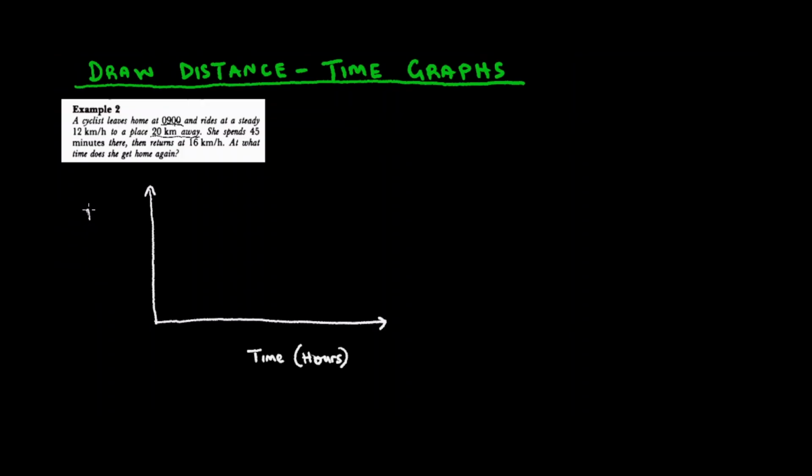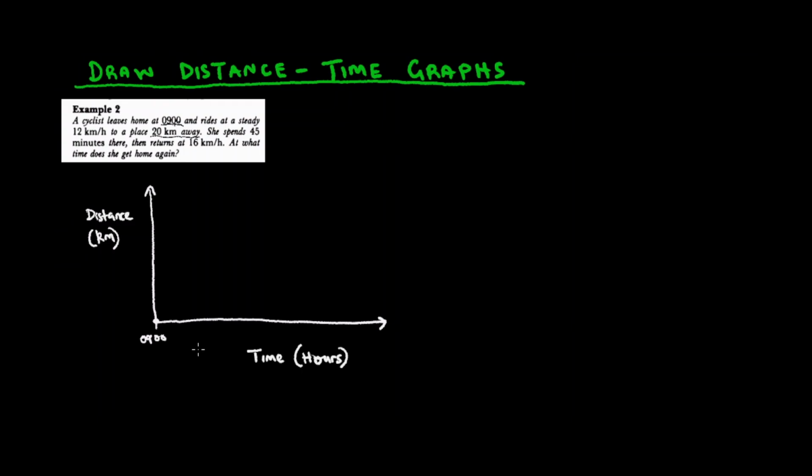Then here goes distance, which is in kilometers. Like that. So a cyclist leaves home at 900 hours. So here is where the journey starts, which is this origin, where the distance is 0. Are we together with that?